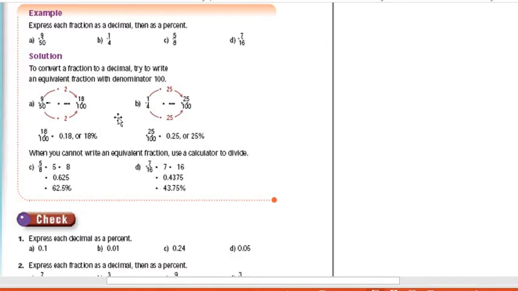Okay, now a quarter, 1/4. I multiply 4 times what to give me 100? Times 25. So 4 times 25 equals 100. What I multiply in the denominator, I multiply in the numerator. So 1 times 25 will give me 25, and 4 times 25 will give me 100.